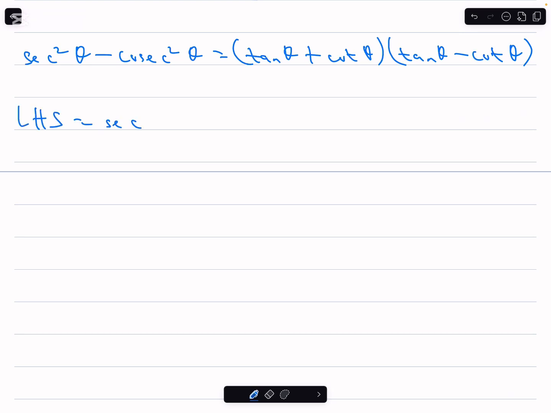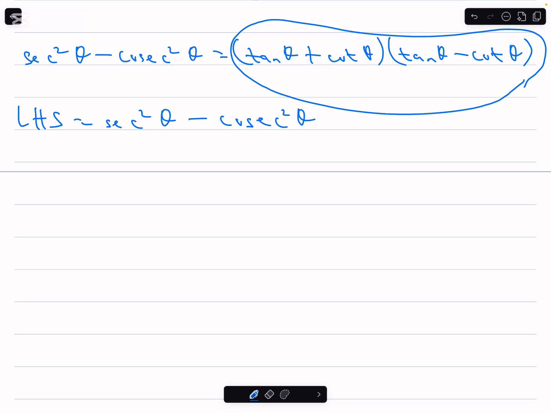is equal to sec squared theta minus cosec squared theta, and I want to show that that is equal to the whole of this right hand side.